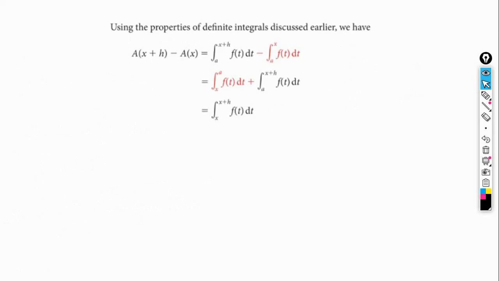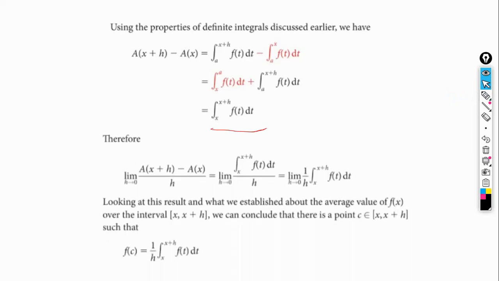So once we have understood where this comes from, we can bring up the next part of the slide. Notice that this is again the derivative of the area function using the definition with limits. We would arrive at this expression here, the limit as h approaches 0 of 1 over h times the integral from x to x plus h of f of t dt.